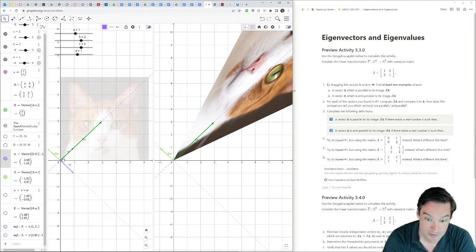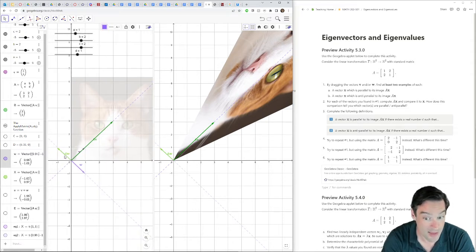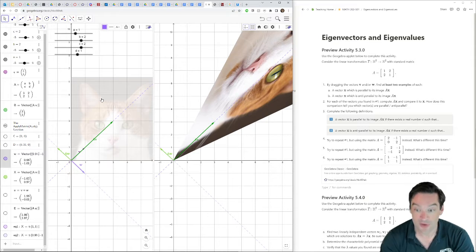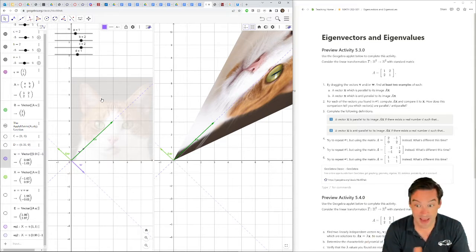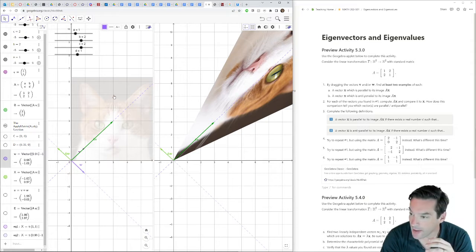The image of v is Av here, which is along the same line and in the same direction as v itself, and the image of w is Aw, which happened to be in exactly the opposite direction from w. And so we can find both a parallel example and an anti-parallel example for this particular matrix.